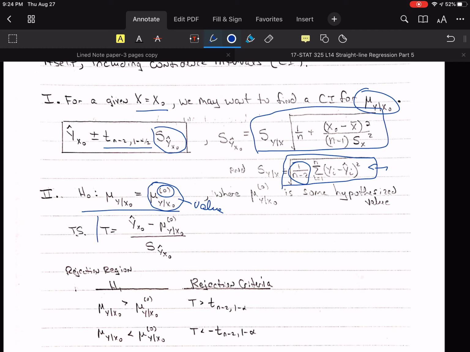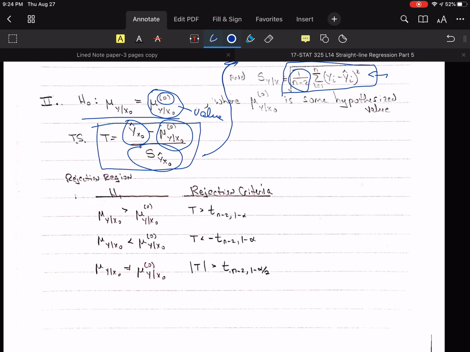The test statistic is here. It's going to be y hat sub x naught minus its expected value, which is our hypothesized value, divided by the standard error of y hat sub x naught. And that was, again, given here.